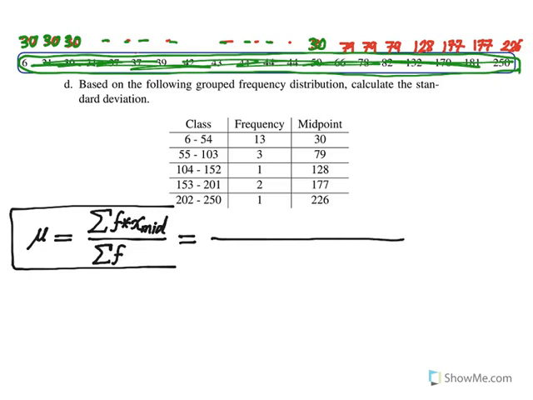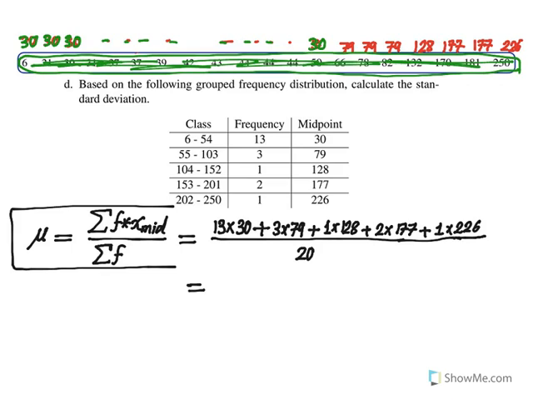So now you will have 20 below, and then above we will have 13 times the midpoint of the class, which is 30. So we have 13 30s, as I told you, and we have 3 79s, 3 times 79, plus 1 times 128, plus 2 times 177, plus 1 times 226.